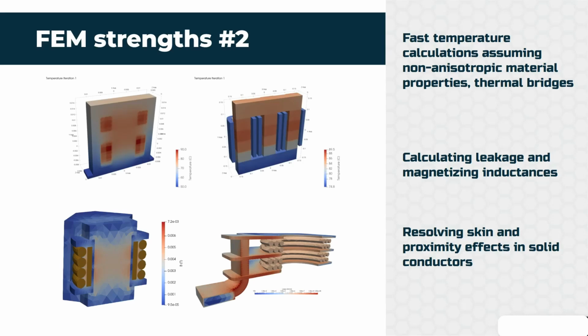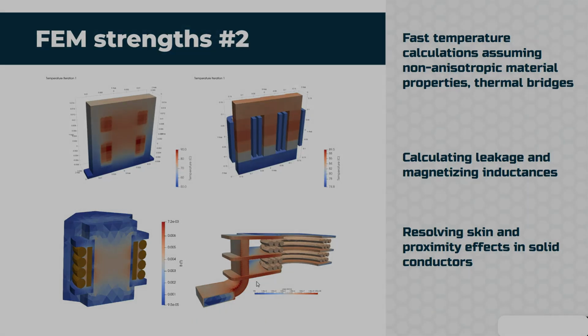If you have two windings, you will have proximity effect between them. You'll see, for example, that the current in the primary and secondary tries to concentrate closer to each other, on the inner sides. So you will see it automatically, without needing to do any other calculations. But of course, the challenge with that is that you need to have quite good mesh refinement that resolves those effects.